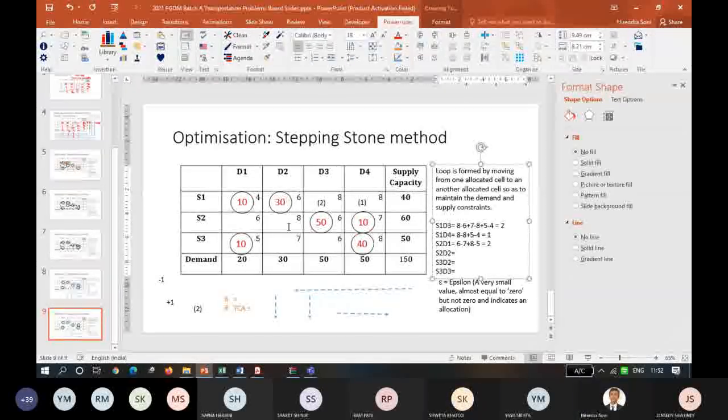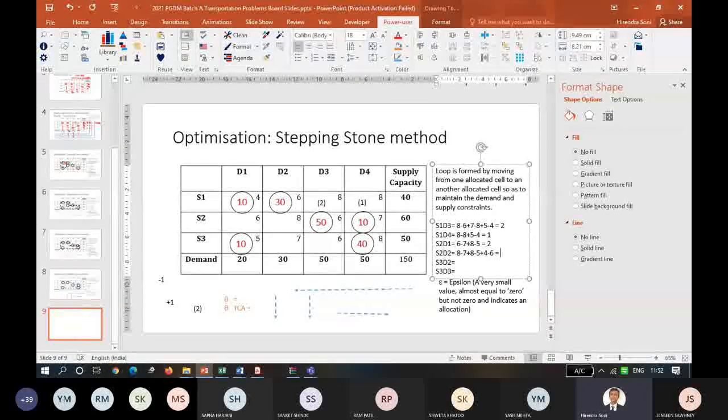Yes, sir. So in that case, आपका लूप कैसे बनेगा? आपका इधर पे नेट इफेक्ट क्या होगा? We are starting from this point. So 8 will get added. Then -7, plus 8, minus 5, plus 4, minus 6 and back.